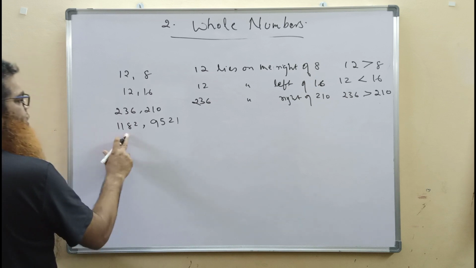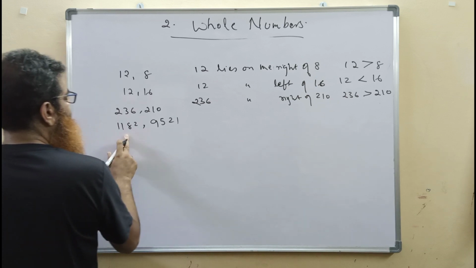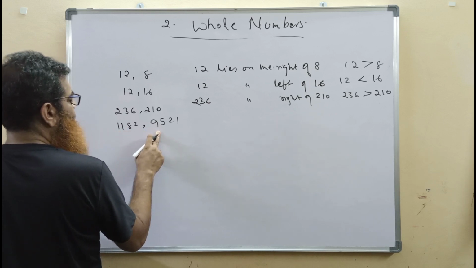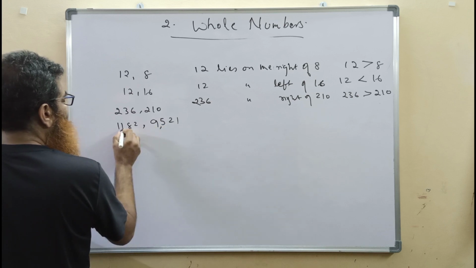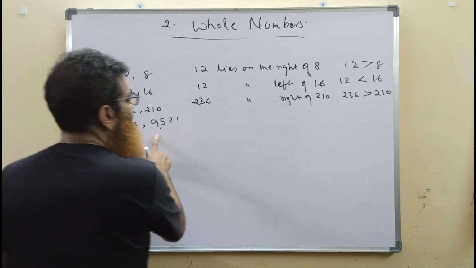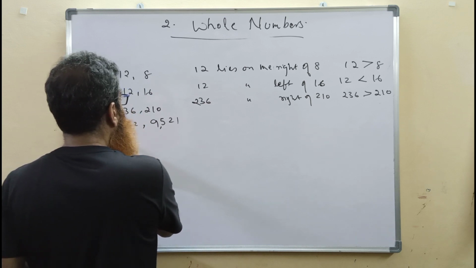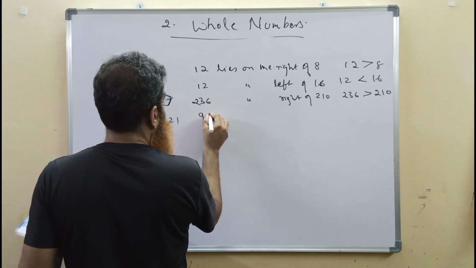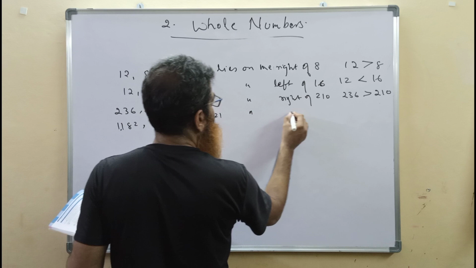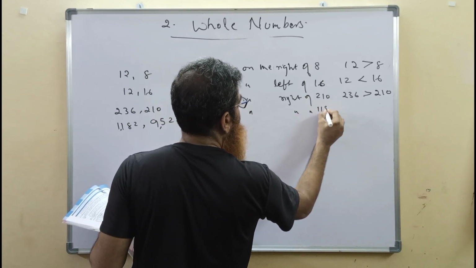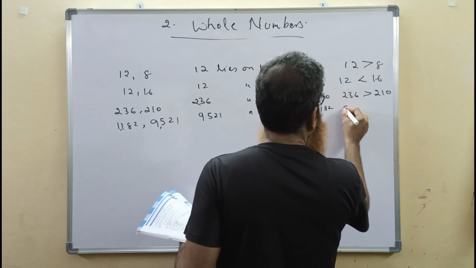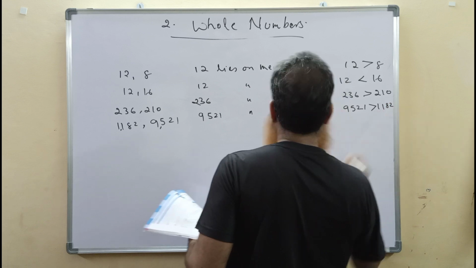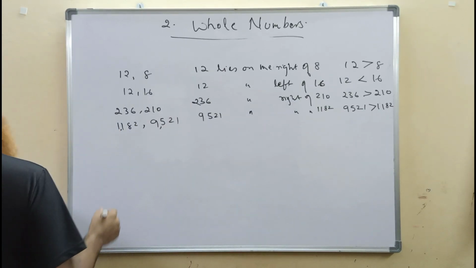Both are four-digit numbers, but this is 9,500 whereas this is 1,100. So 9,500 is much greater than 1,182. So we write: 9,521 lies on the right side of 1,182, and 9,521 is greater than 1,182.